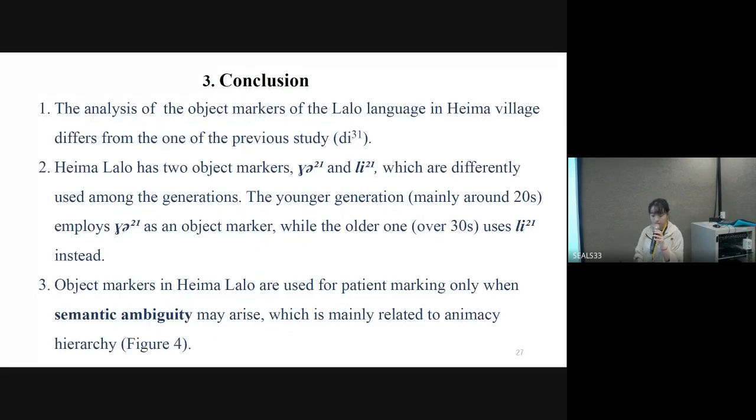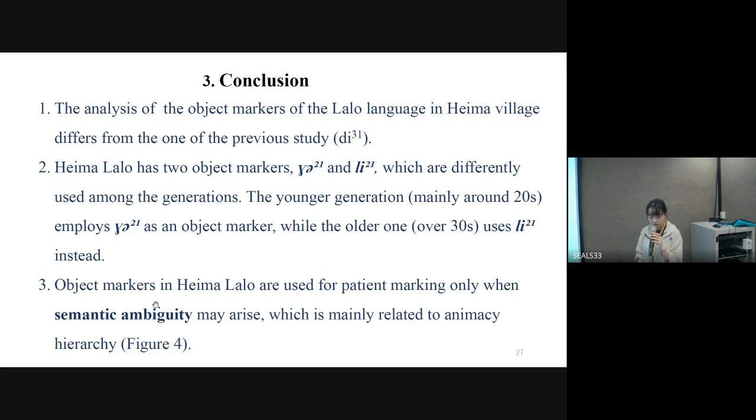Okay, finally is my conclusion. The analysis of the object marks of this language shows different object markers with different triggers. Heima has two object markers, and Ni, which are differently used by generation. The younger generation uses it as an object marker, but the older generation uses Ni instead.